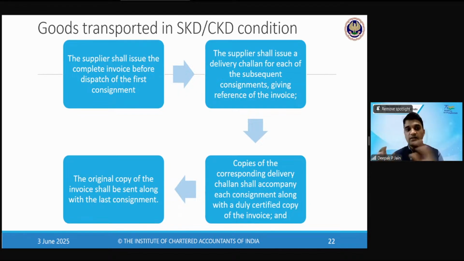With each vehicle, that invoice and the delivery challan will get attached, and copies of all the delivery challans shall accompany the duly certified invoice. Then the original invoice will be sent along with the last consignment, so that there is no leakage of revenue. That is the reason. Raise the invoice in advance, but give a copy of it with all the vehicles. When the last vehicle is being shipped, with that last vehicle, the original invoice will be sent.